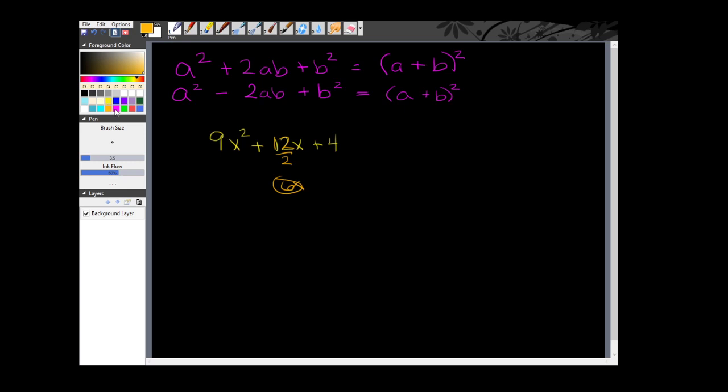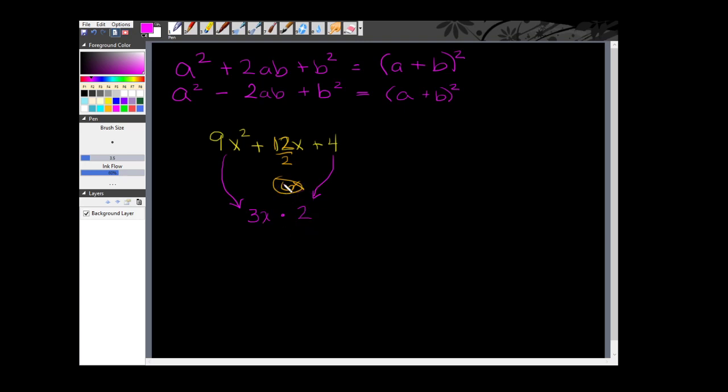The next thing that I do is I actually take the square root of the first term and the square root of the last term. So 9x squared, the square root of that is 3x, and 4, the square root of that is 2. And I'm seeing if I multiply these two things together, if I get that target number.